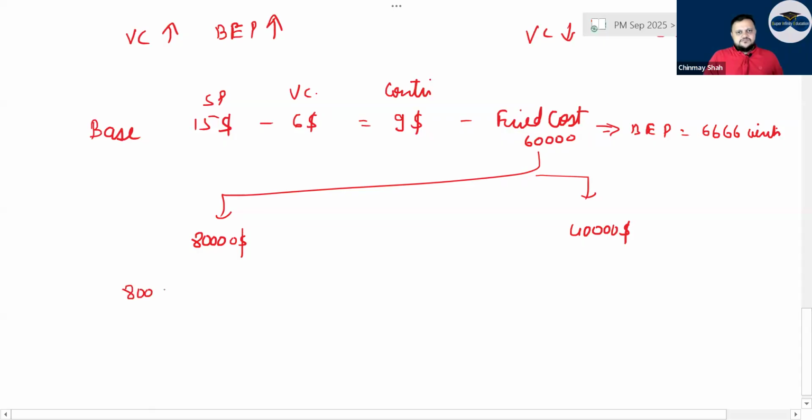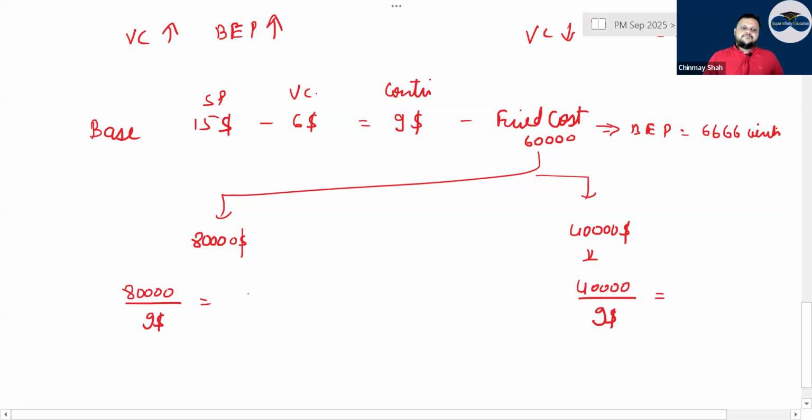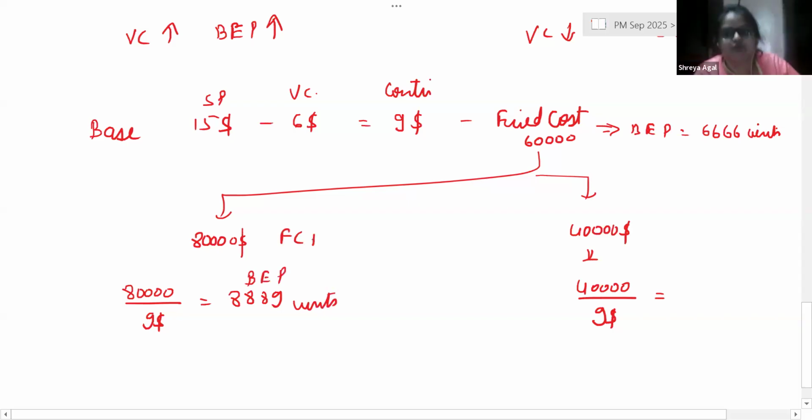So 80,000 divided by $9, or 40,000 divided by $9, correct? 8889 units. And how much for the other? 4444. 4444.